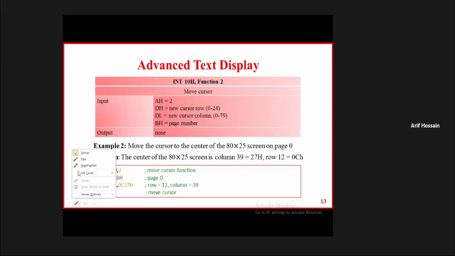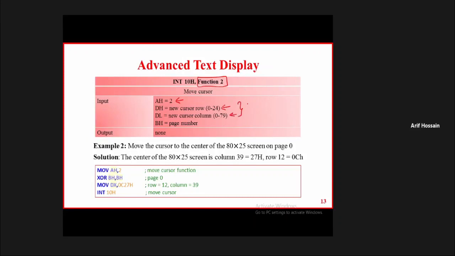So that was function 0. Now is function 2. Same thing. If the function is 2, your AH will be 2. As simple as it is. Whatever the function is, the value of AH will be that. It says move cursor function, so now you can move your cursor. Some other registers will also come into play: DH will contain the new cursor row and DL will contain the new cursor column.